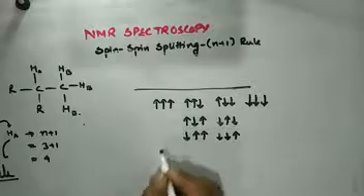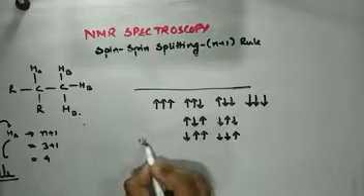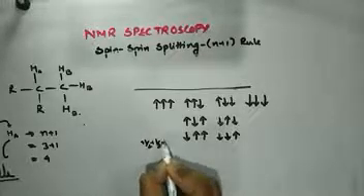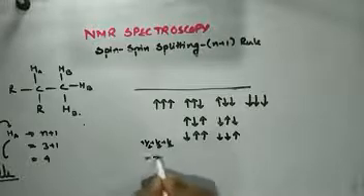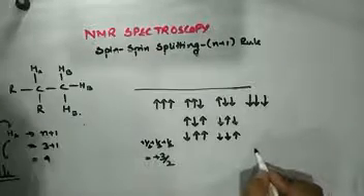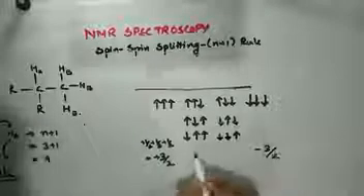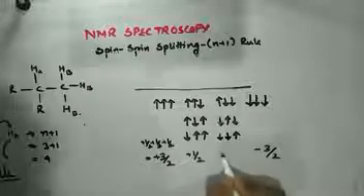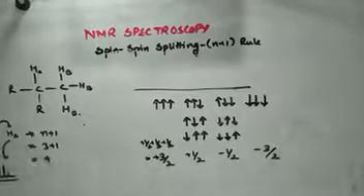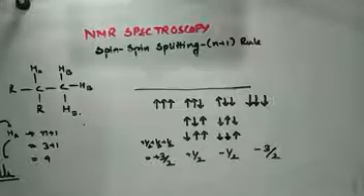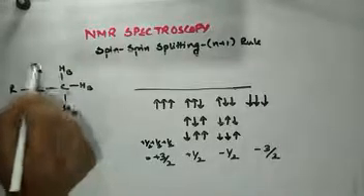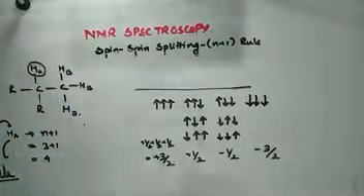If you sum it up, plus half plus half plus half is equal to plus 3 by 2, and similarly this is minus 3 by 2, and this is plus half, and this is minus half. So these are the possible magnetic orientations for HA.